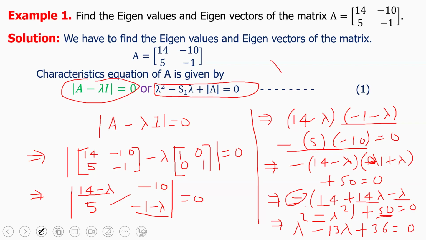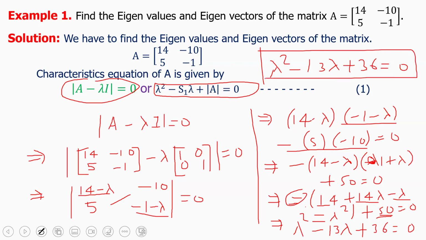So lambda square minus 13 lambda plus 36 equal to 0 is the eigen equation, or characteristic equation, of the given matrix A. This is the general method.